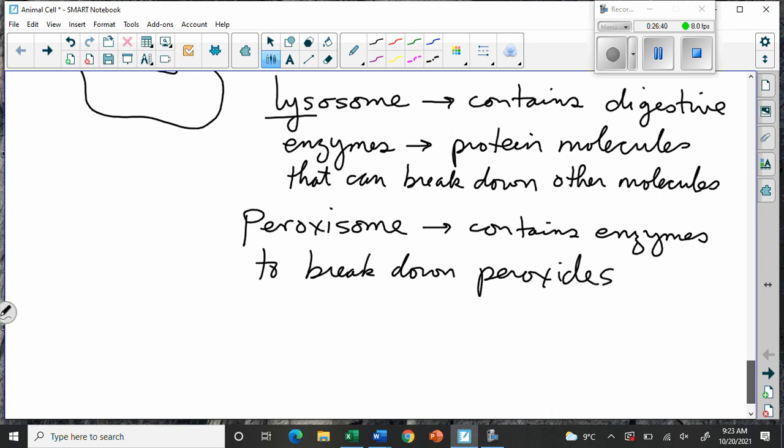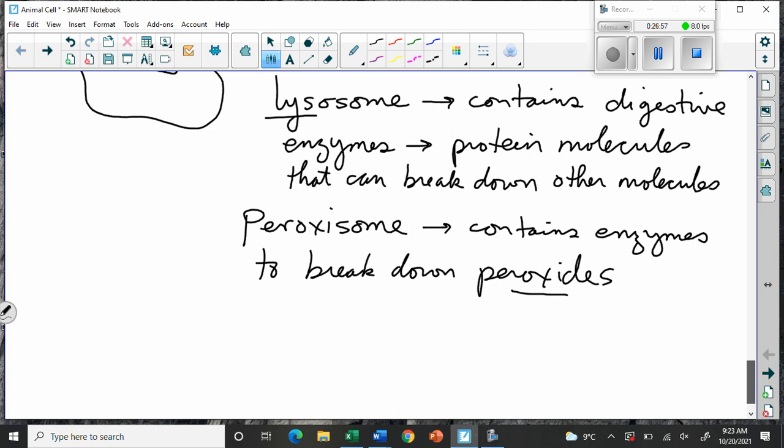I'll put peroxides, which are toxic to cells and poison. So this cell, its job would be if the cell encounters peroxides, and peroxides can be formed by different processes, so they're popping up now and then, and the cell has to get rid of them or break them apart before they do any damage.